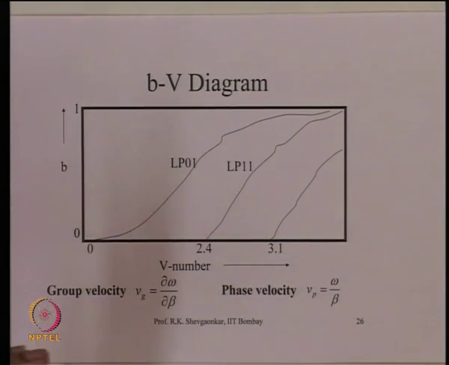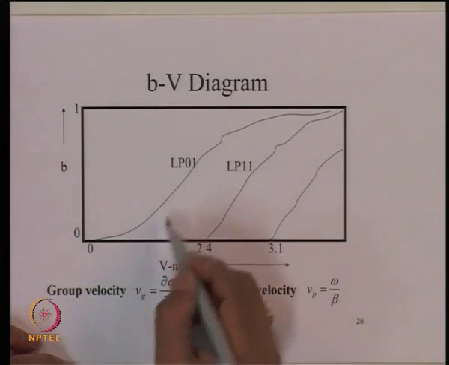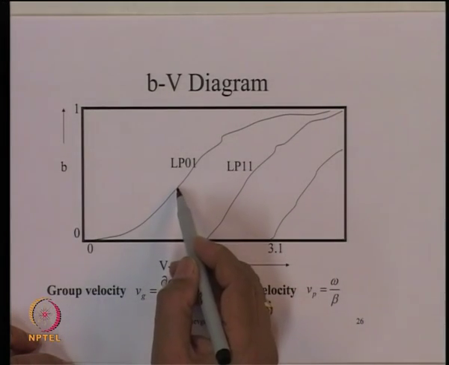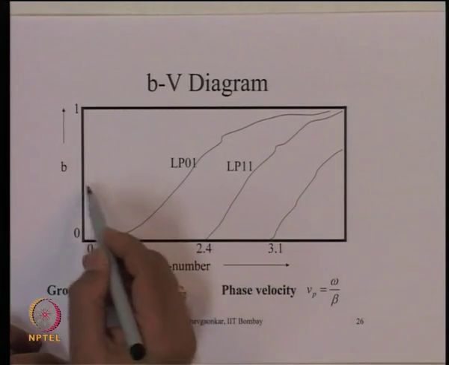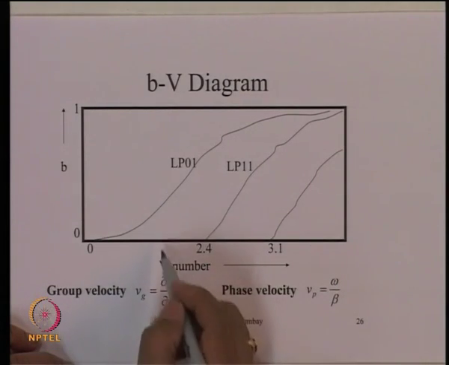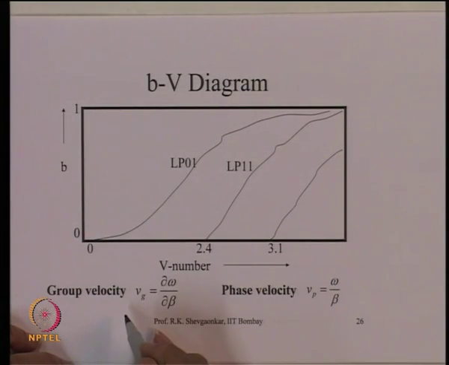So, if we are operating in the frequency range or the fiber parameter range where the fiber is a single mode optical fiber, then the location on this graph here gives you the quantity which is related to the phase velocity. I can measure the value of V, I can measure the value of beta, and except for the proportionality constants, essentially the quantity which is V by beta will give me the quantity proportional to the phase velocity.